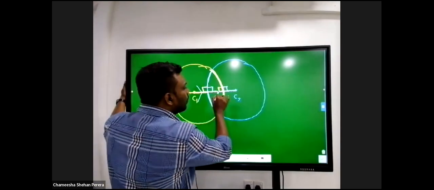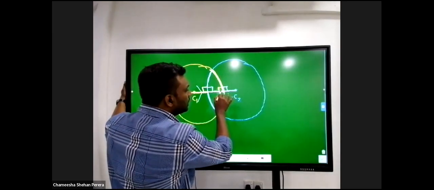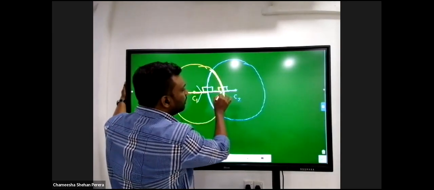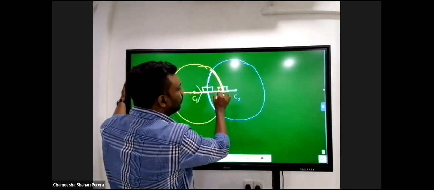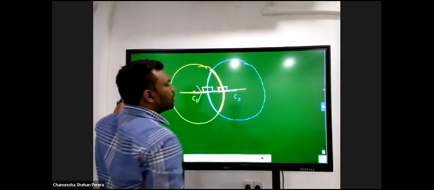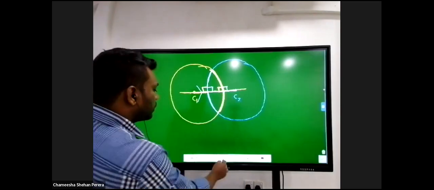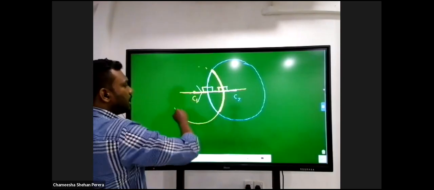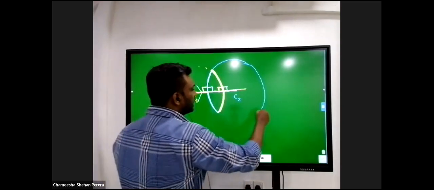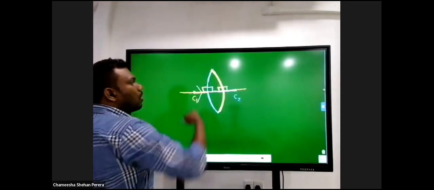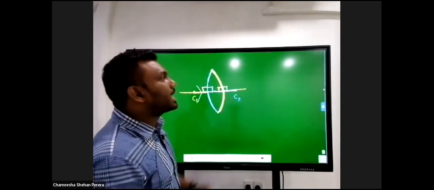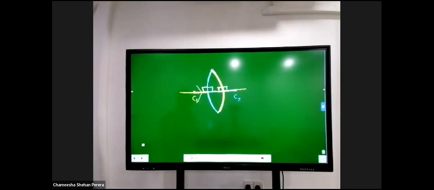Again, the light ray tries to go out of the glass while touching the curved surface perpendicularly, and there will be no refraction. Again the light ray enters the second medium without any refraction. So this is what we have to understand. The principal axis of the convex lens is perpendicular to the curved surfaces of the lens.